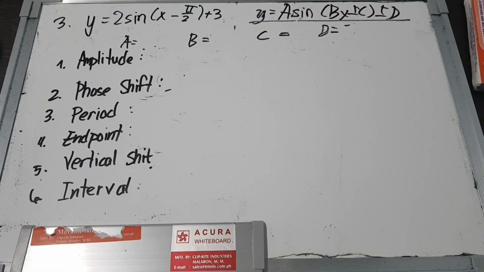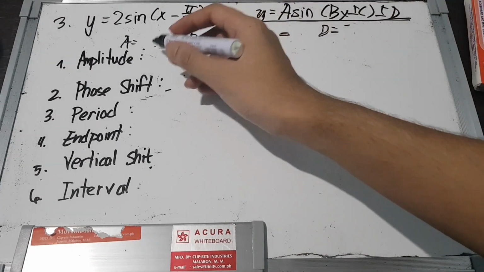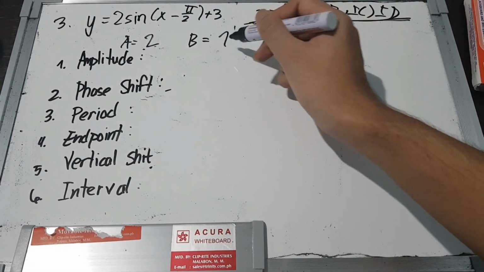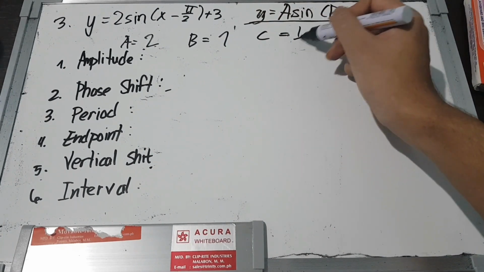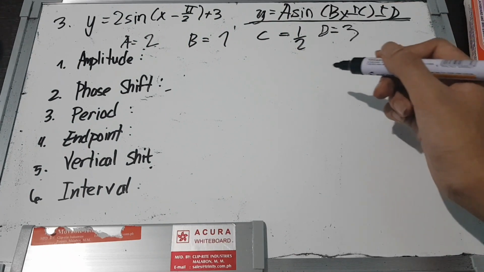Consider this last example. y equals 2 sine quantity x minus pi over 2 plus 3. Since this is a sine function, we would follow this equation. So A would be 2, B would be 1, C would be pi over 2, and D would be 3.